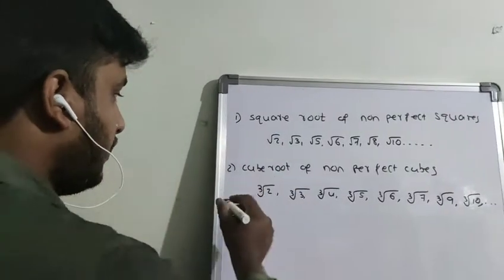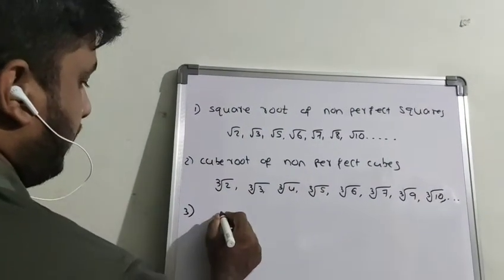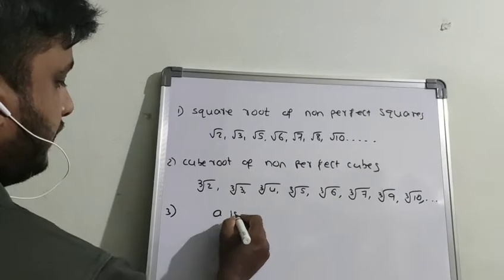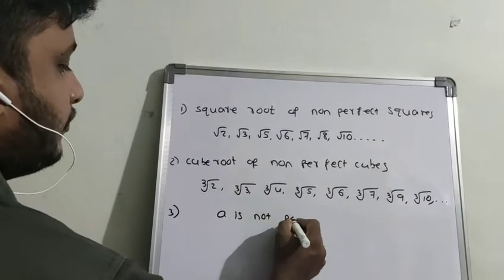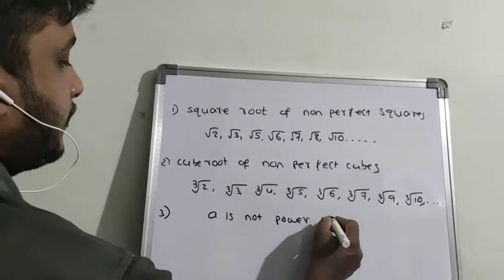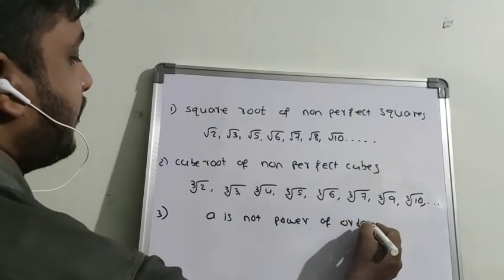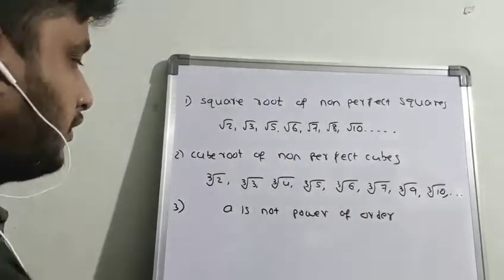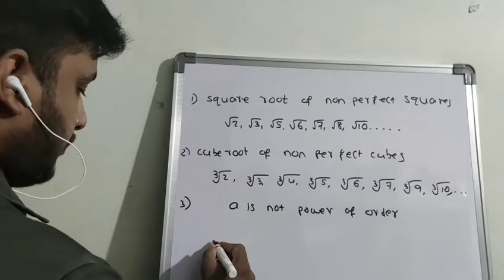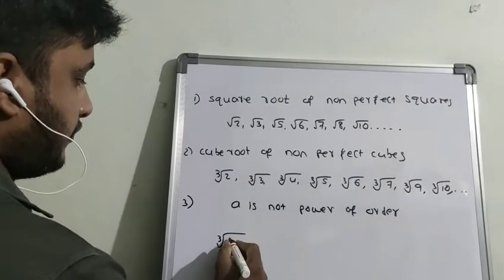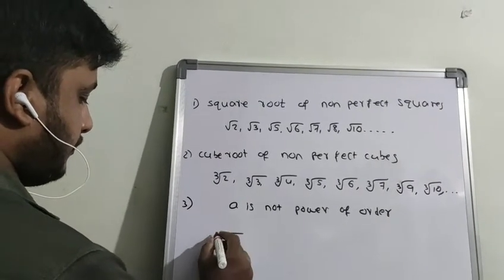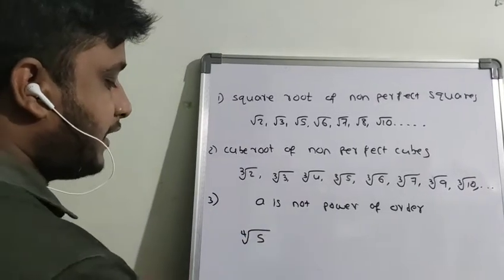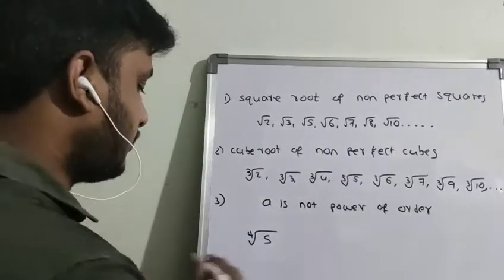Not only that, if a is not a power of the order, all those types of numbers are also considered surds. For example, the fourth root of 5: 5 you cannot write as a power of 4, so it is a surd.